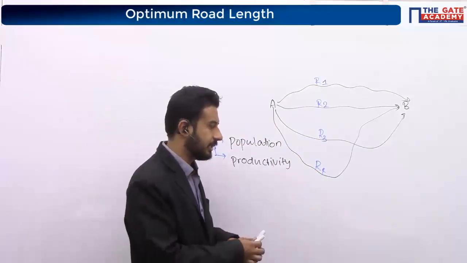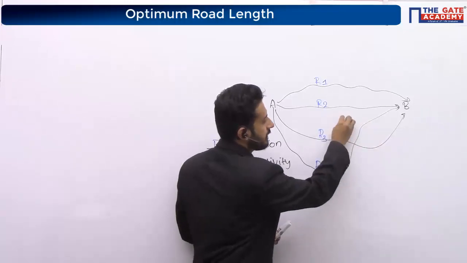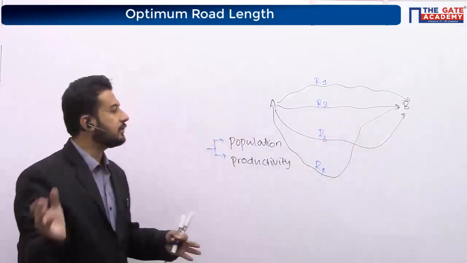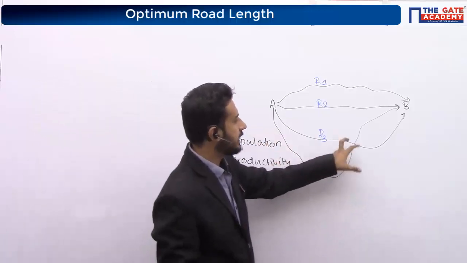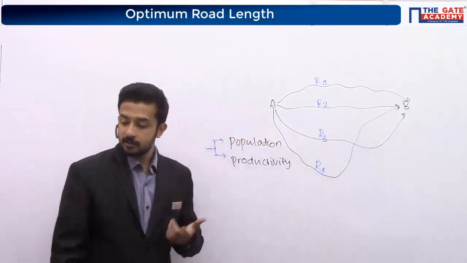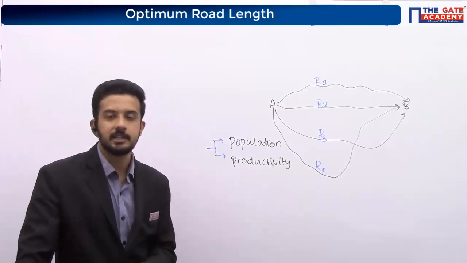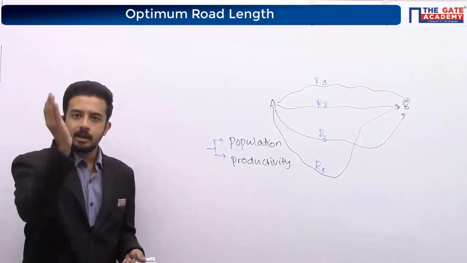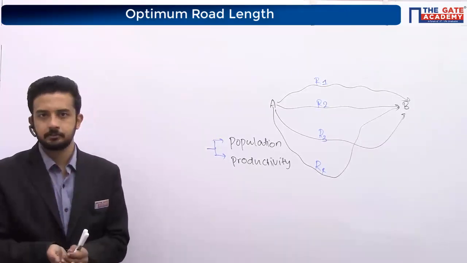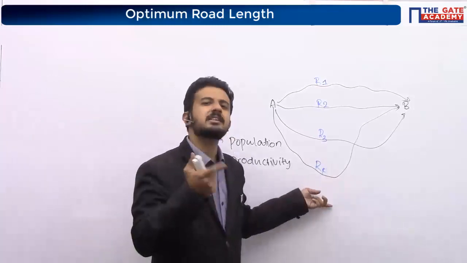Here some village may be there, here some people are staying, so everyone can use that road 4, correct na? And nearby some agricultural area may be there, so the service given by road 4 may be obviously higher. But the thing is, we want to find out what is the service it is giving per unit length. Obviously road 4 is giving a lot of service, but its length is more, na?